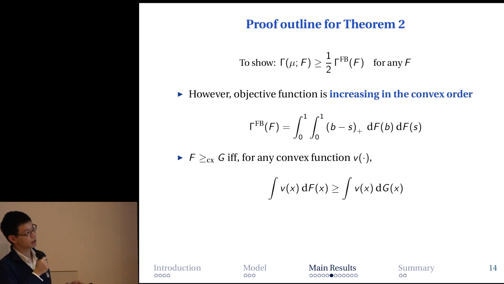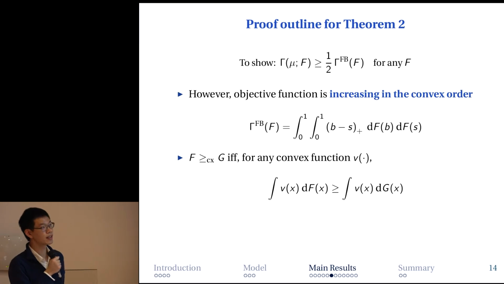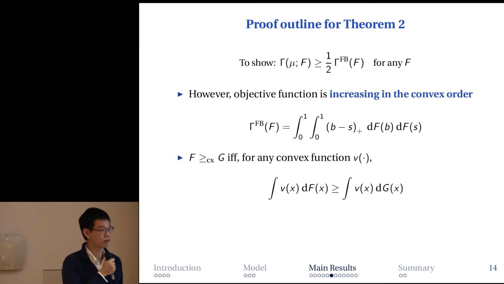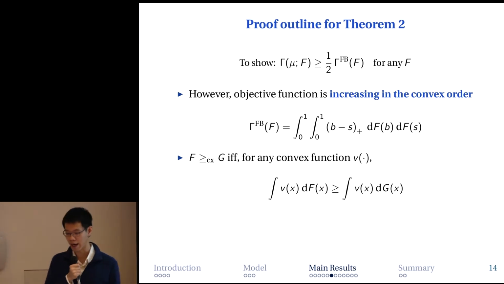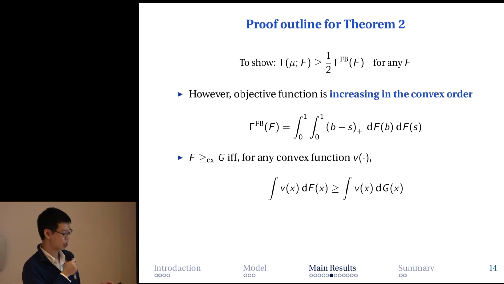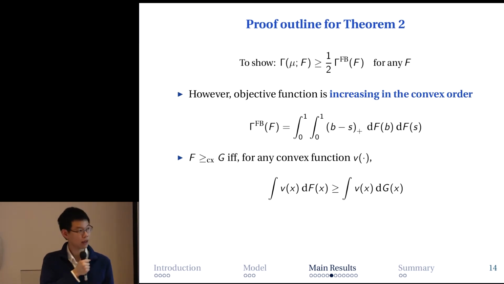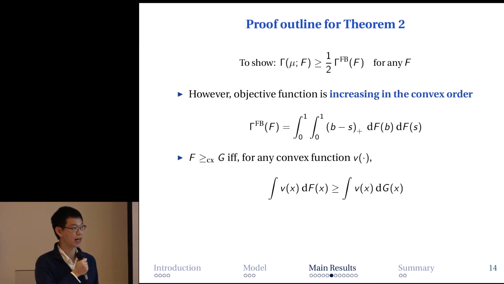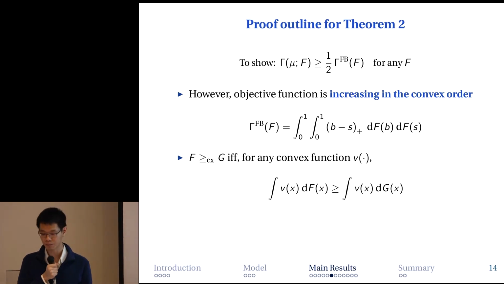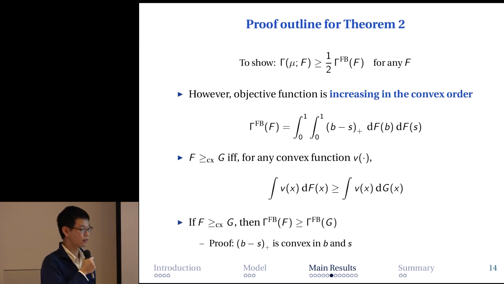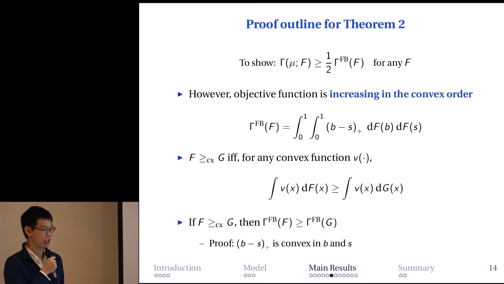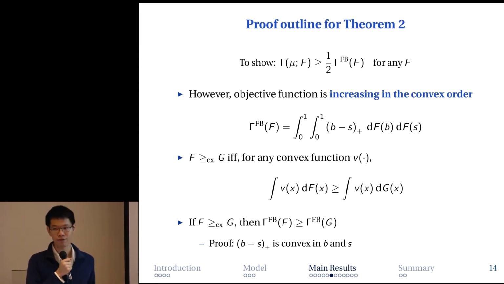One other approach is we can observe that the objective function is increasing in the convex order. For two distributions, F and G, we say that F is larger than G under the convex order if and only if for any convex function V, the integral of V with respect to F is larger than the integral of V with respect to G. In the context of this problem, if F is larger than G in the convex order, then the first best gains from trade under distribution F is larger than the first best gains from trade under distribution G. And the proof of this is simple.